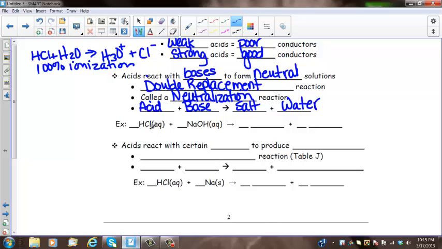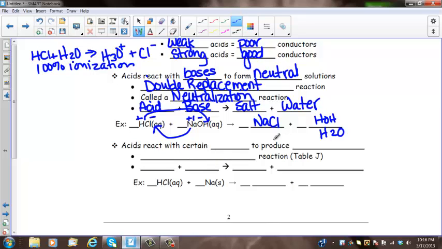So an example would be HCl and NaOH to yield NaCl and HOH. So remember, positive, negative, positive, negative. Positive goes with negative, so the Na goes with the Cl, and then the H goes with the OH to form HOH, which is better known as water. And these are all one-to-one, so we don't need any coefficients.